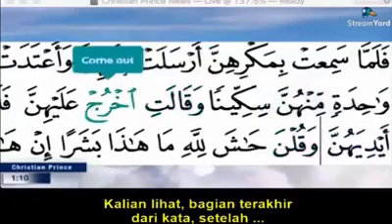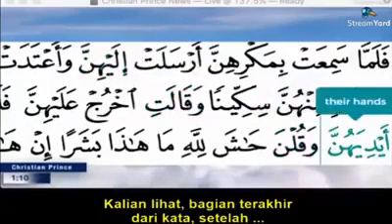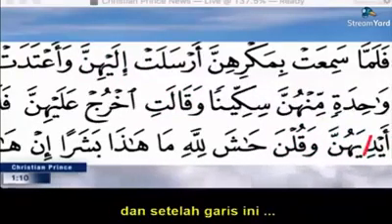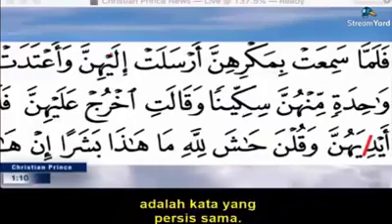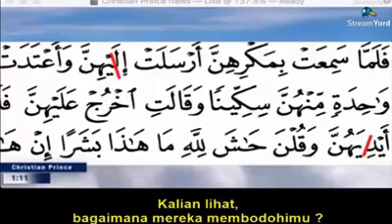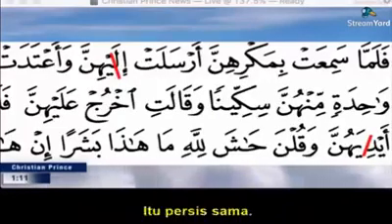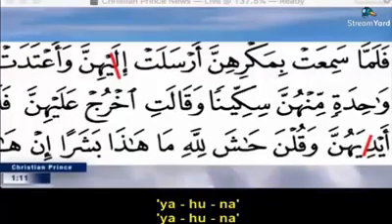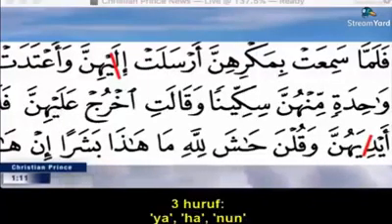You see this part at the end, after this part here, and after this part is exactly the same word. So what happened? It's just a skill. Do you see how they fool you? It's the same. Yahunna, Yahunna. 3 letters.